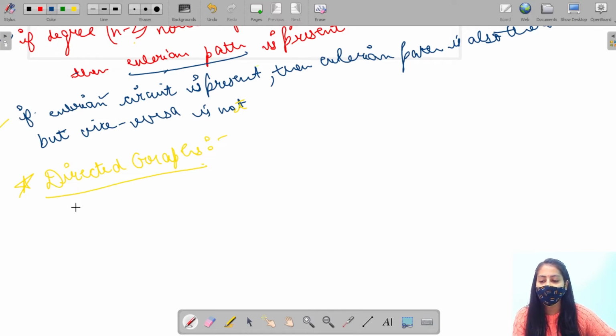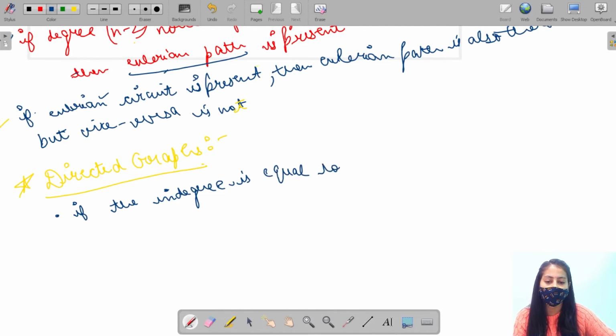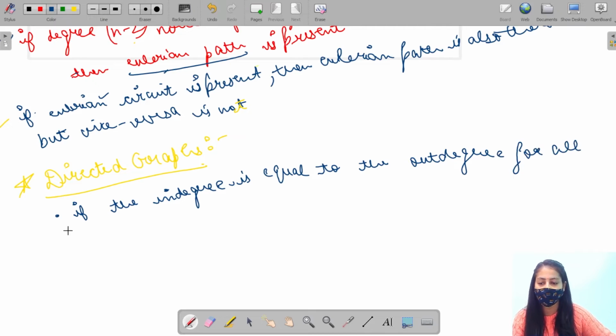Now for directed graphs, the condition is that if the in degree is equal to the out degree for all the nodes of the graph, then an Eulerian circuit is present, right?